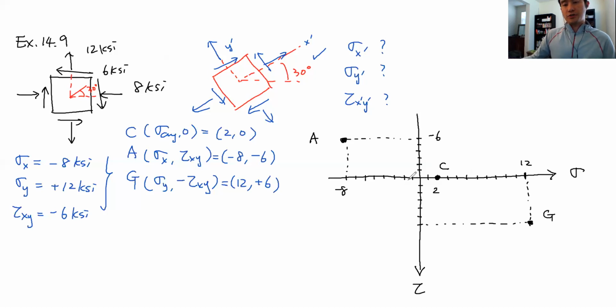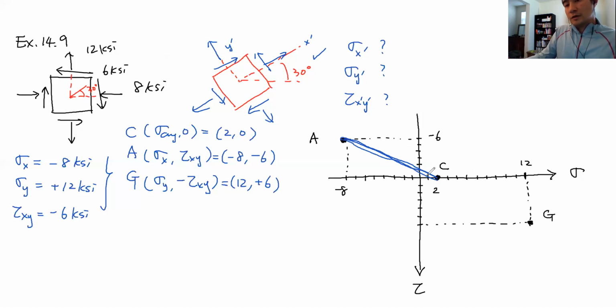And these 3 points should be on the same line. So I'm going to draw a straight line from A through C. Let me do it again. This is going to be the radius, right?